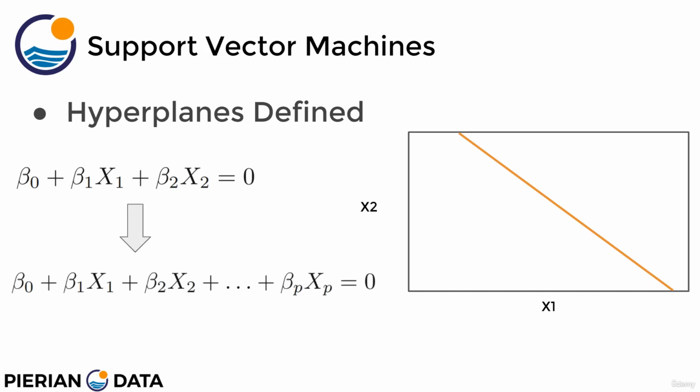Now keep in mind, I could expand this to p number of dimensions, just continuing this where there's a single beta coefficient for every single feature. Now, this is the mathematical definition of a hyperplane for some p number of features.